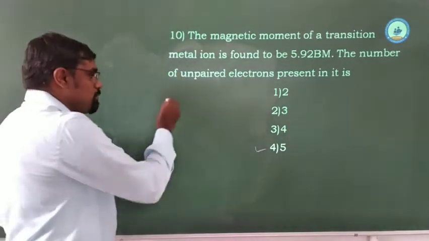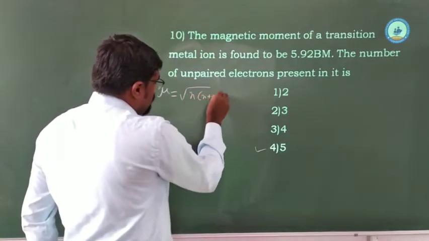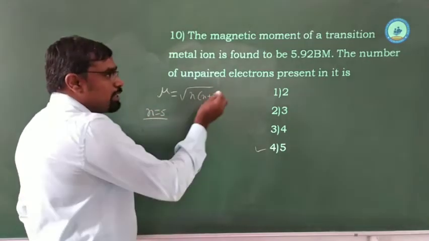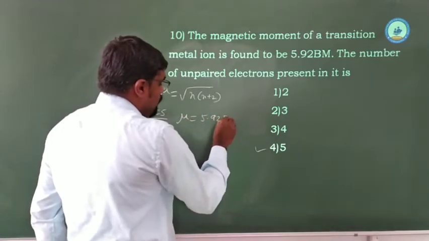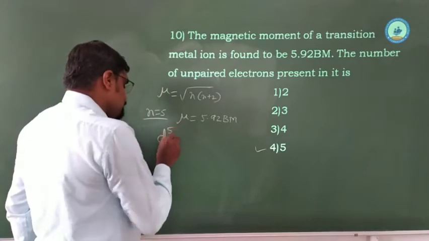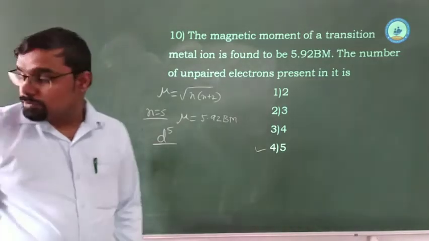If you have forgotten, use the square root of n into n plus 2. If you take n equal to 5, then you will easily get mu equal to 5.92. That means the d orbital must have 5 unpaired electrons.